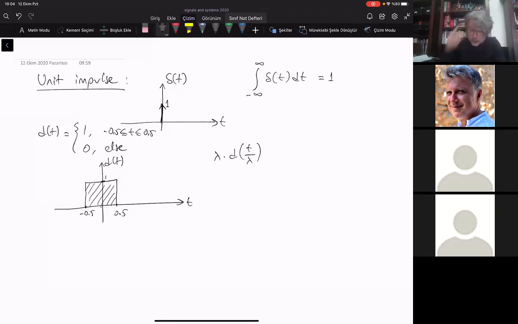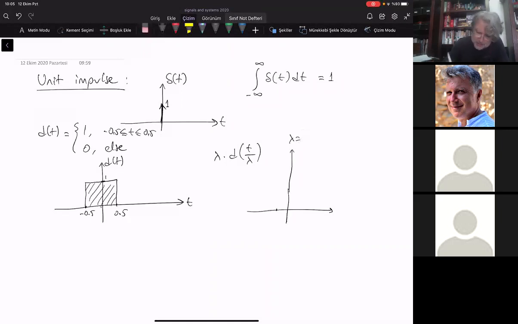If lambda is equal to 2, for instance, it would become like... I have confused the multiplication with a summation. It's not the lambda equal to 2 case, it is the lambda equal to 0.5 case. So I have to erase this.